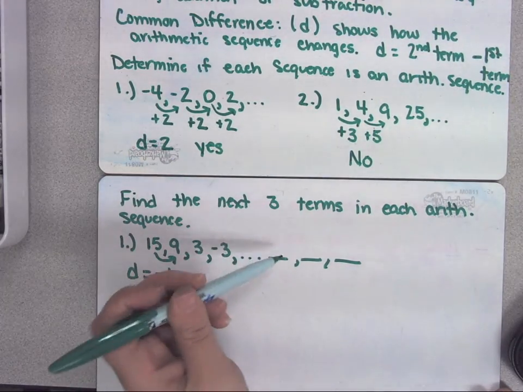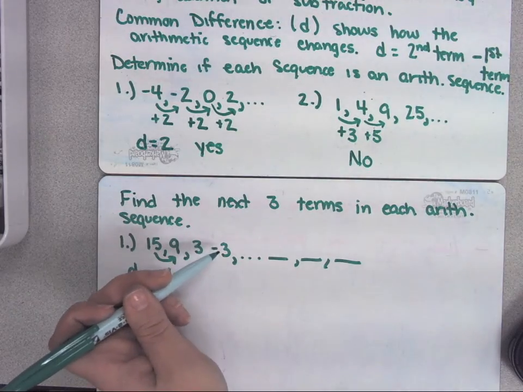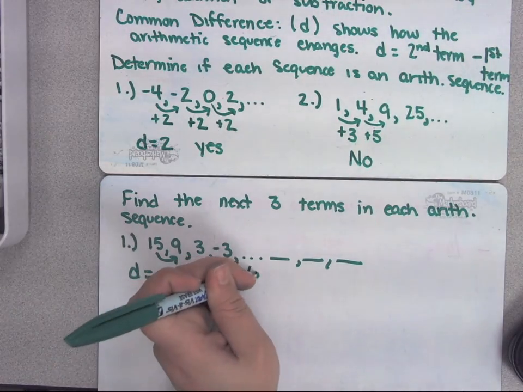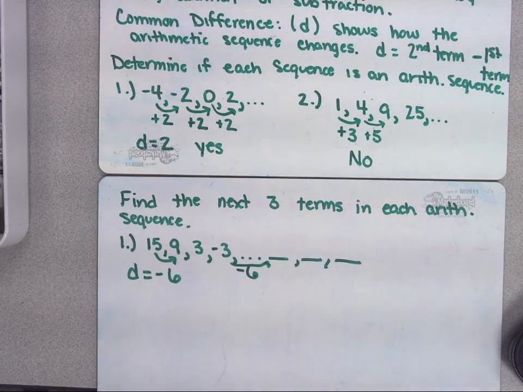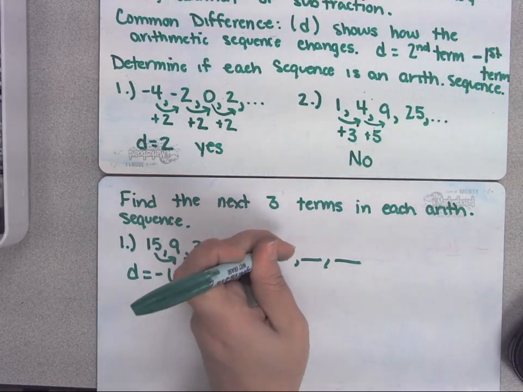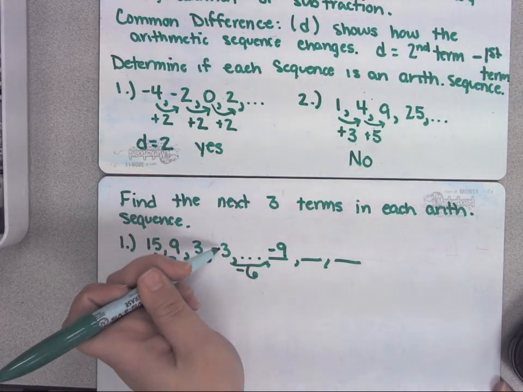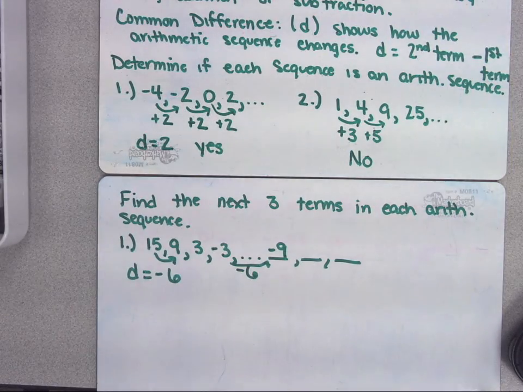So now we need to find this one. So we're going to start at the last number, and you're going to minus 6. So what is -3 minus 6? Somebody other than Jacoby. Morgan. -9. So all we do is take the last number minus 6 to the next one.